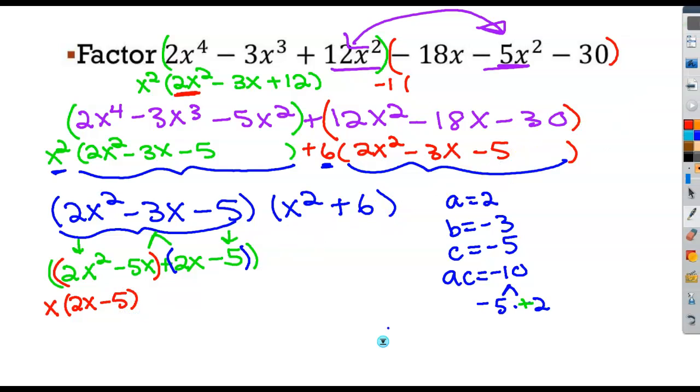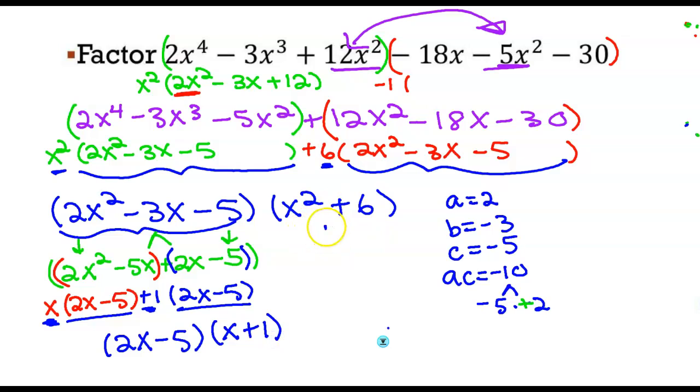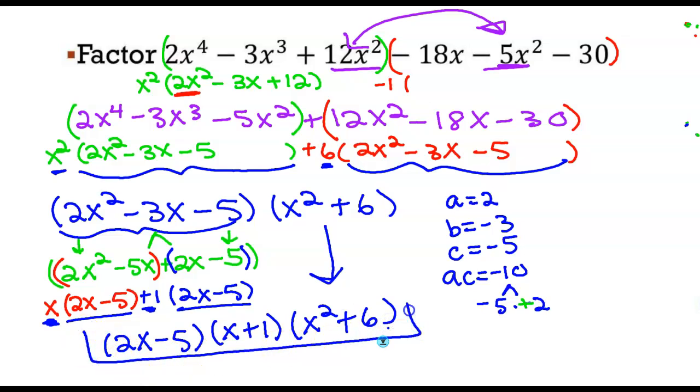And then in my second group, I have just a 1 in common, but you have to have something, and then again 2x minus 5. So my factors are going to be 2x minus 5, then x plus 1, and then don't forget this one, x squared plus 6. So that is me factoring this.